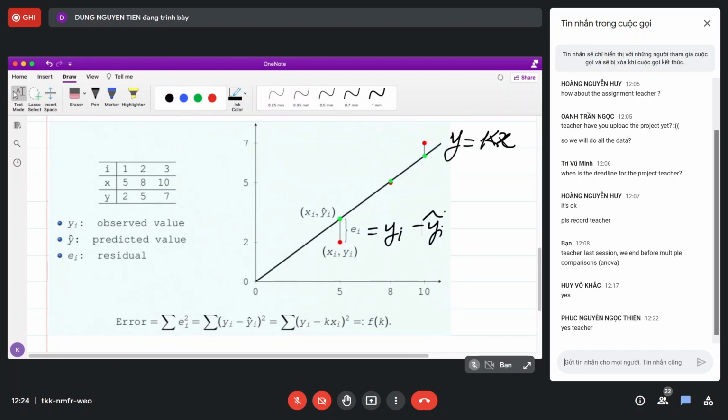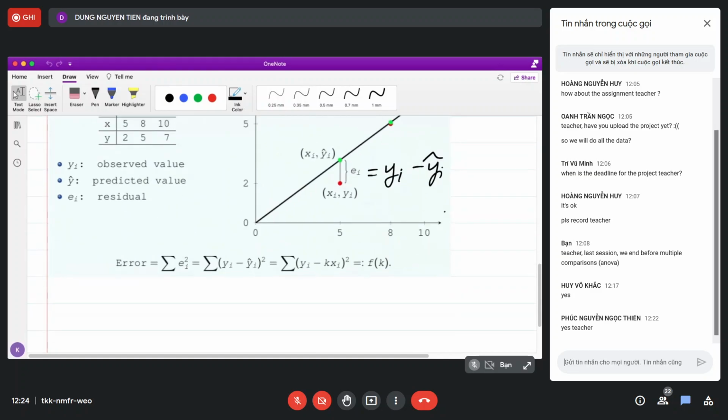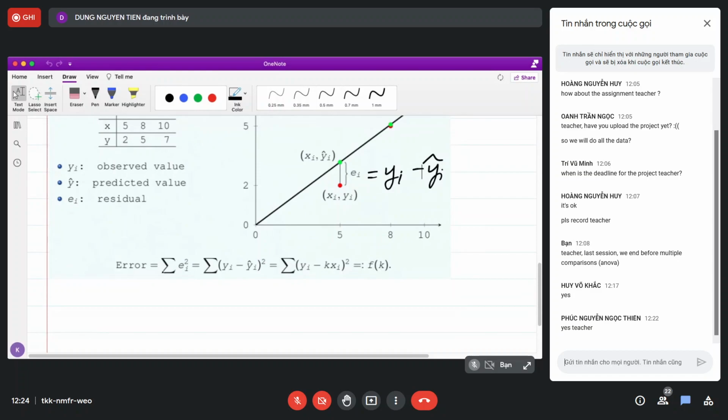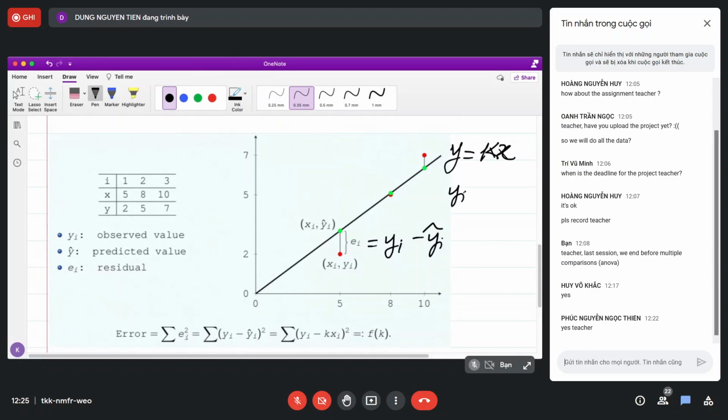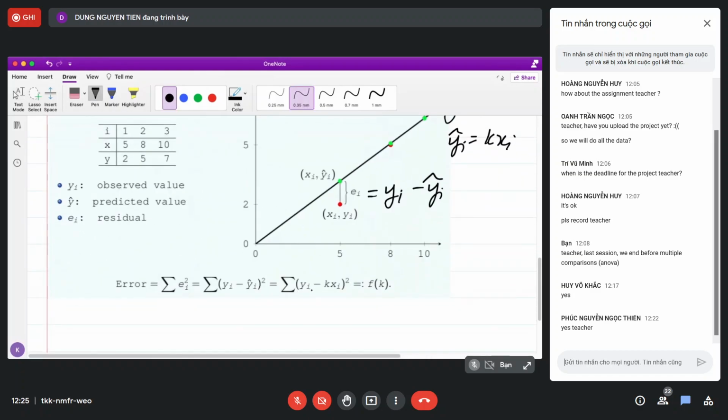You want these ei to be small, right? So I find the sum of all those ei squared, which is the sum of yi minus yi hat, all squared. In this model, yi hat is simply k times xi, so you get the sum of yi minus k xi, all squared, and you get the function f of k.